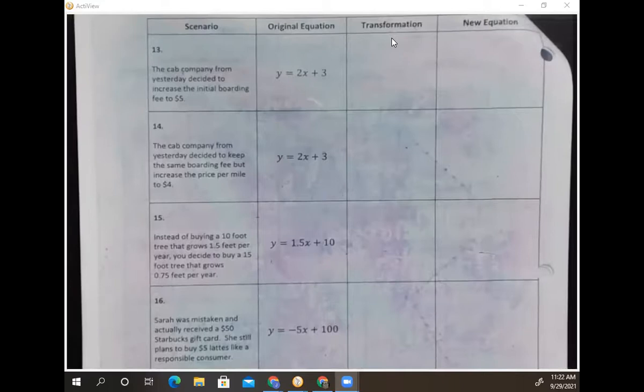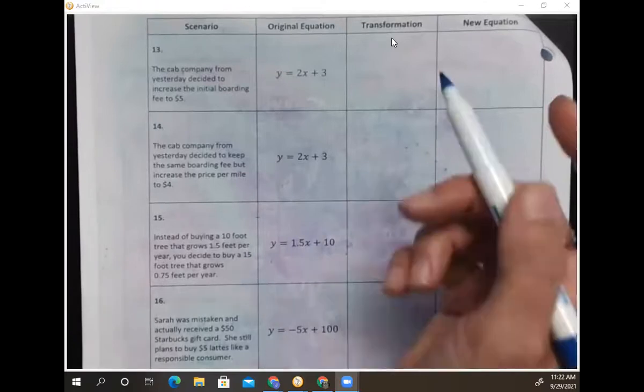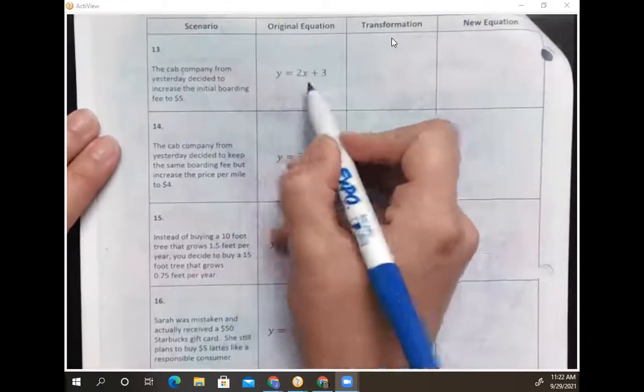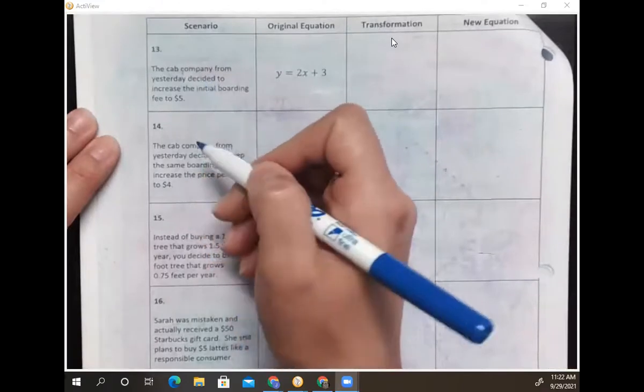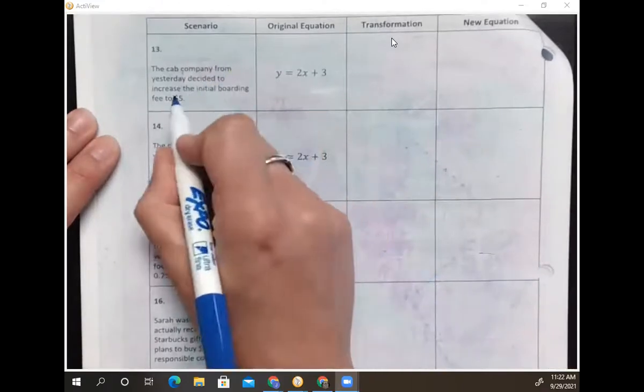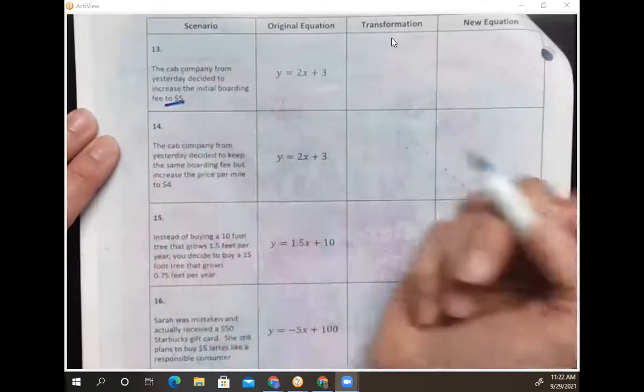One of the problems that we saw earlier in this unit was a cab. And I believe it was like $2 per mile for the cab, and then there was a boarding fee. So it gives us the original equation from that cab problem that we saw the other day. And then it says that the cab company decided to increase their initial boarding fee to $5.